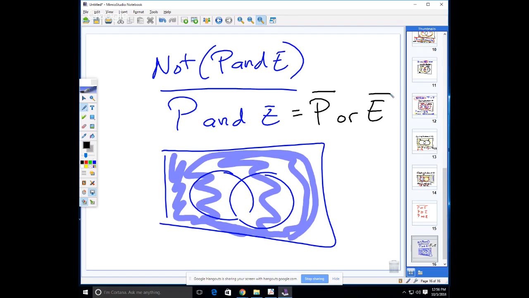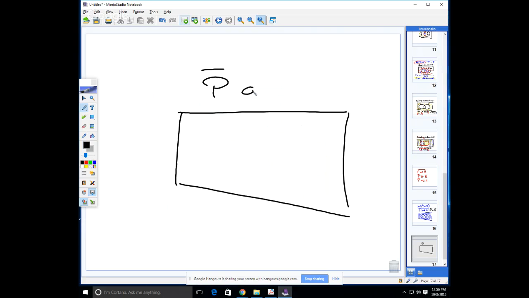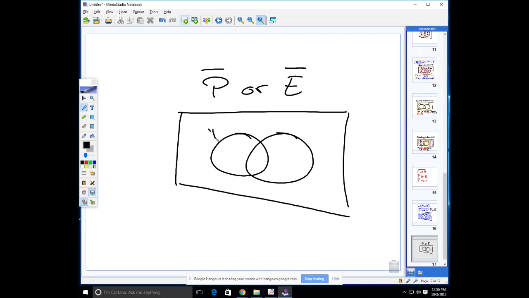So let's see if we can sketch that out and see if it matches what I have shaded here. So new page, let's try that one. Let's see, black. So I want to see, what does not P or not E look like? So here's P, here's E. So let's see, I'll do the not P shading in yellow.